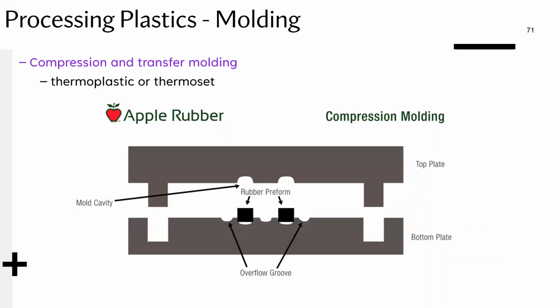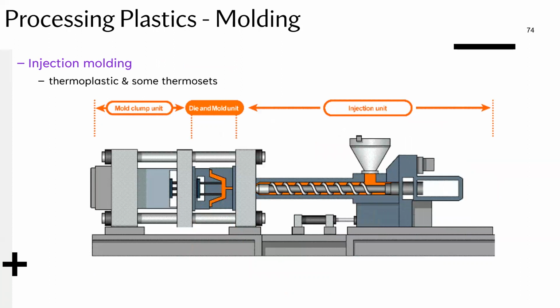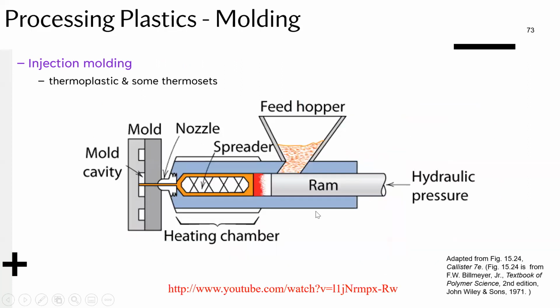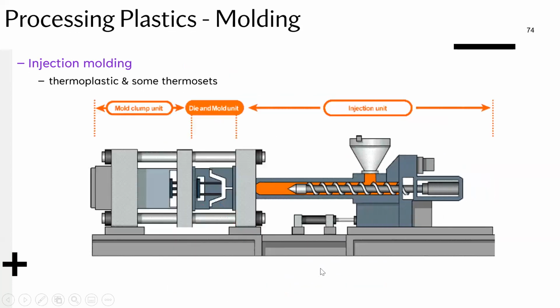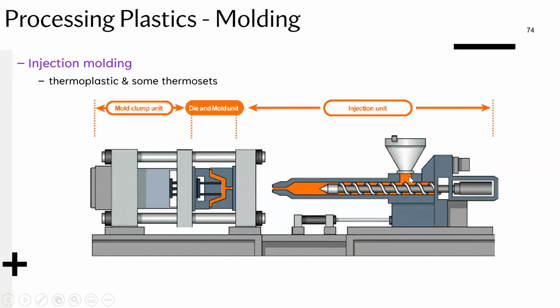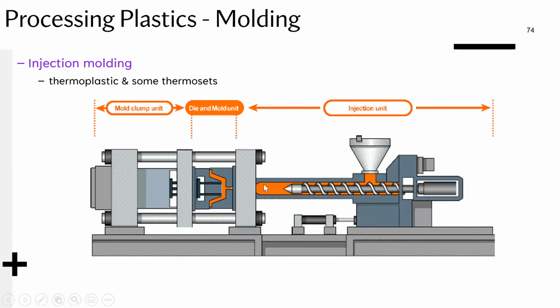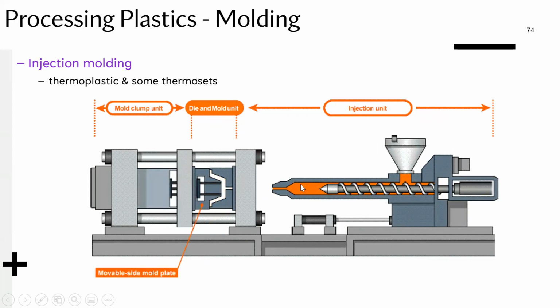Okay, so it's a compression molding process versus injection molding, which, as the name suggests, you're injecting into your cavity. Again, you should note that just like the compression molding process, where we had different operational regions, here you also have a different temperature in the feedstock throughout the extrusion process, in the threaded spreader region, and then all the way to the nozzle region where it's heated up and becomes more of a viscous molten polymer.